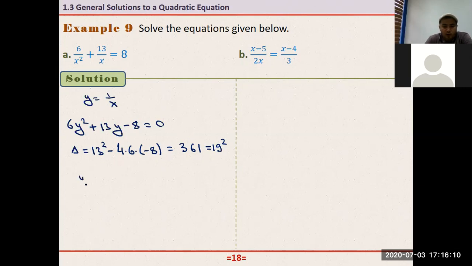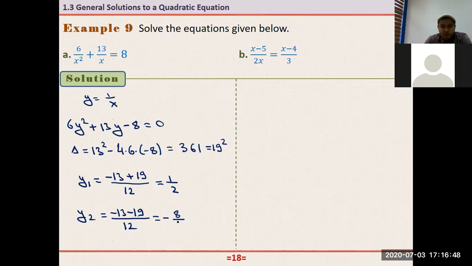So from here, y1, the first root, equals negative 13 plus the square root of delta, which is 19, over 2 times a, that is 12, which is 6 over 12, 1 over 2. Now the second root is negative 13 minus 19 over 12, which is negative 32 over 12, and dividing by 4, it is negative 8 over 3.